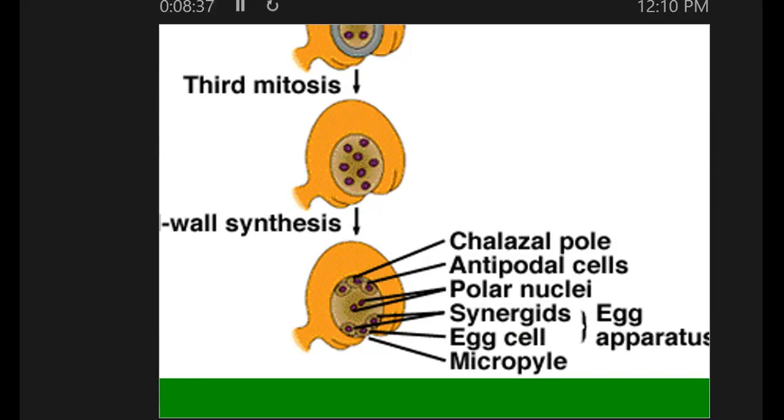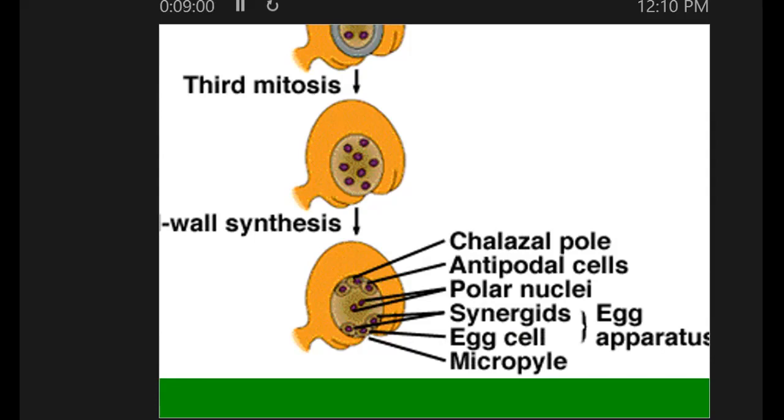Don't know why. And then the synergid has the egg right in the middle. And you can see that egg is right up against the micropyle region. So it's much easier for the sperm to find that egg. As long as you get the sperm reaching the micropyle, it's pretty easy then to fertilize that egg.